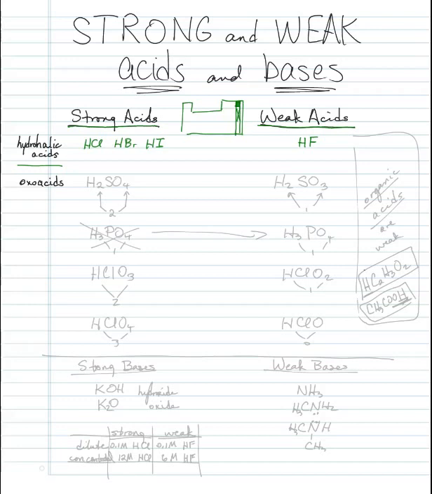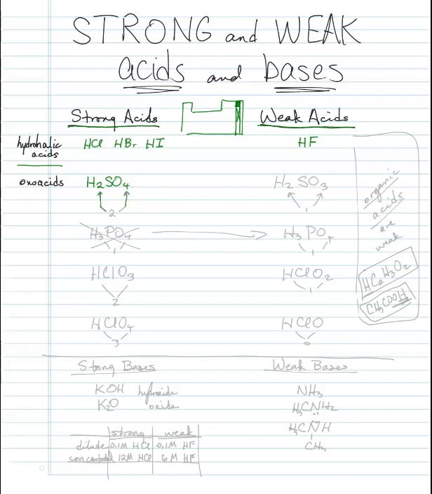All right, oxoacids, this is a little more helpful. I think this is a neat rule, a pretty helpful one, and that is, let's look at something like H2SO4. We're going to look at the number by the 2 and the number by the 4.